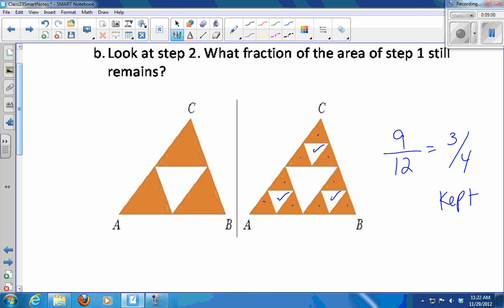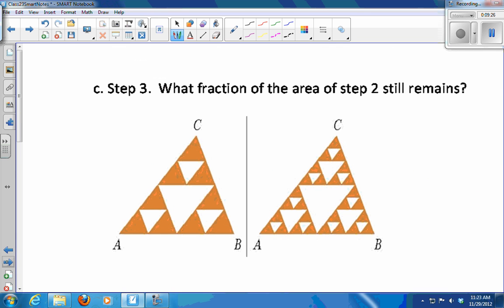So I took each of these orange triangles that existed at step 1, and I broke them into 4. Each one got broken down into 4 triangles. And I kept 9 out of 12. So I kept 3/4 of my previous area. So step 2 to step 3, how much area do you think we keep? 3/4, yeah. So let's just see.